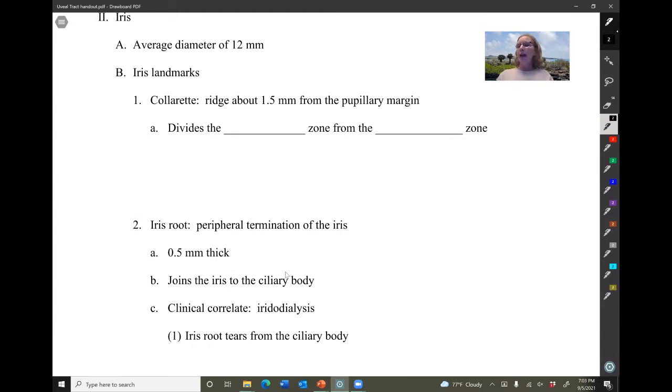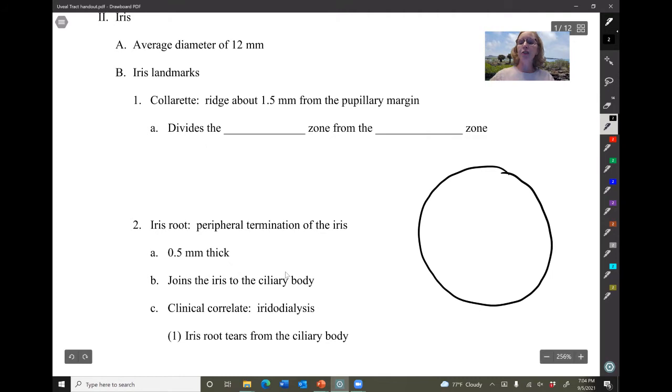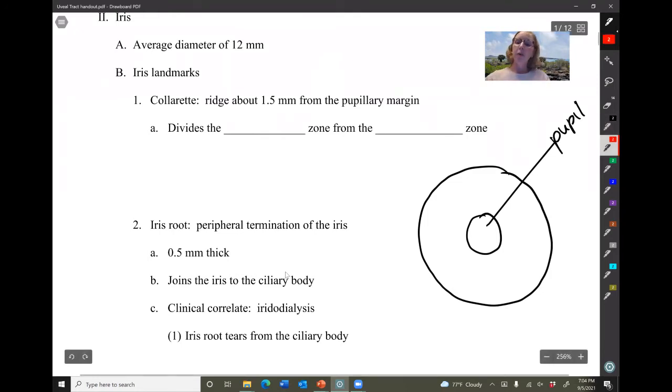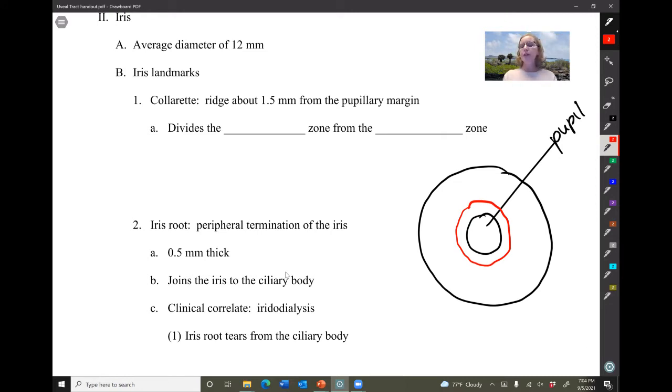Now, if we look at the eye straight on, like you're looking straight at me, here is the edge of our iris, and here is our pupil. The collarette is about 1.5 millimeters away from the pupil. And what it does is it divides the iris into two regions.